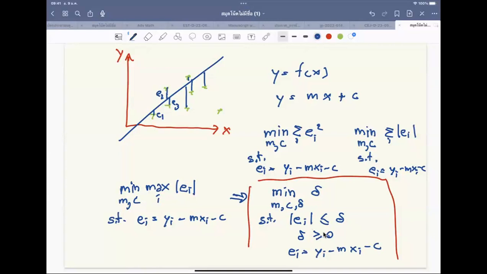Because it is the maximum error and our error is positive. So we force it to be positive. And the rest, you understand it. I believe EI is the deviation between the experiment and predicted value. So from minimax, it becomes a single objective and you can solve it.